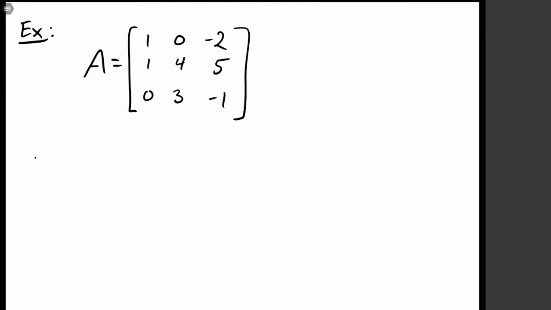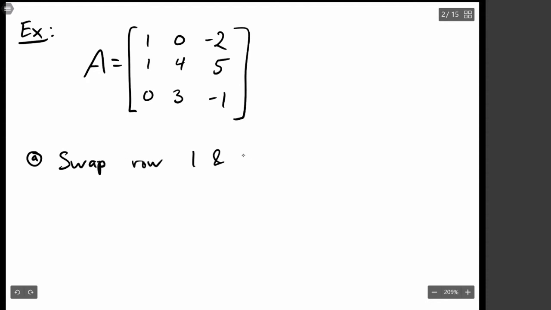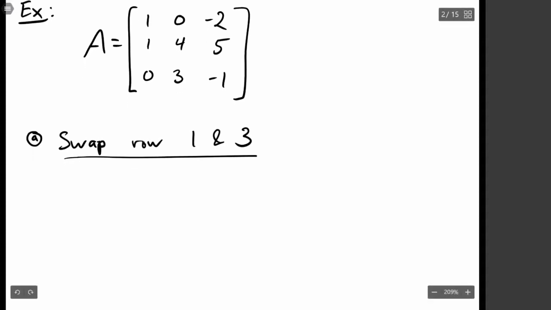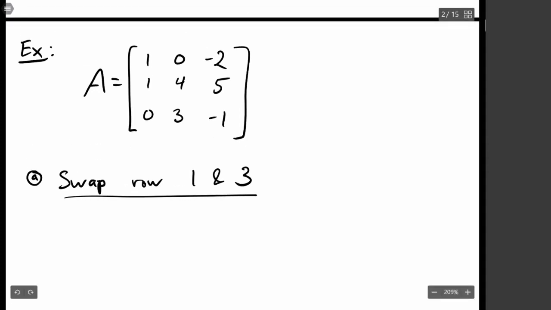Let's say our first goal is to swap rows 1 and 3, and I want to do this with elementary matrices. So we're going to copy our original matrix here.